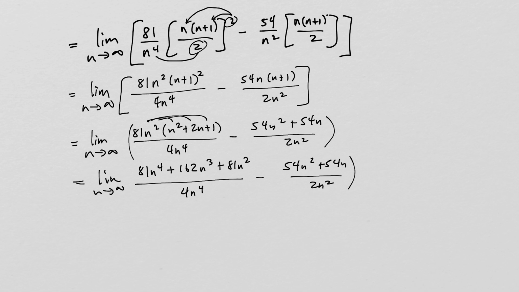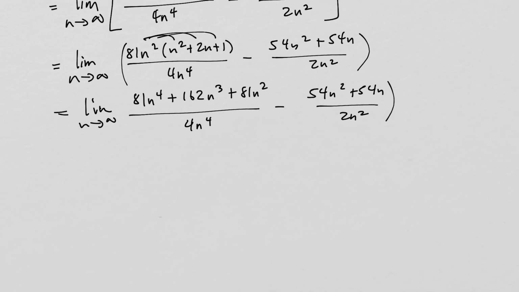Okay, so now you have to remember your limits at infinity. When you have a polynomial divided by a polynomial, if you have equal degrees, the limit as n goes to infinity always ends up as the leading coefficient divided by the leading coefficient. So this is going to be 81 divided by 4 minus, and then the same thing happens over here.